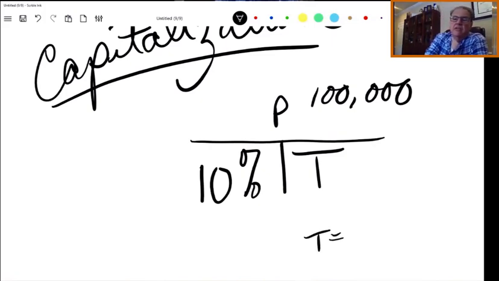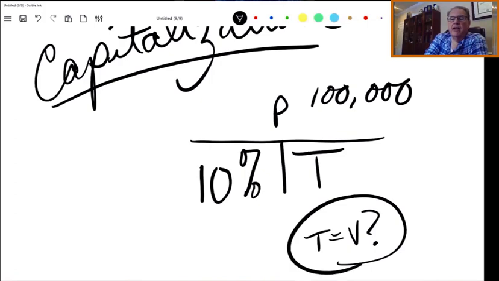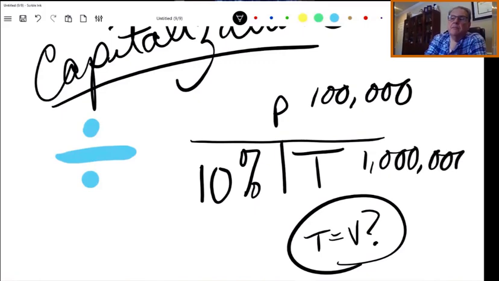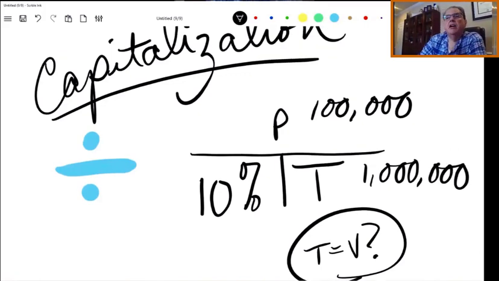In this case, the total is the value. Part divided by the total, 100,000 divided by the cap rate, gives us $1 million. So the T helps us solve capitalization problems.